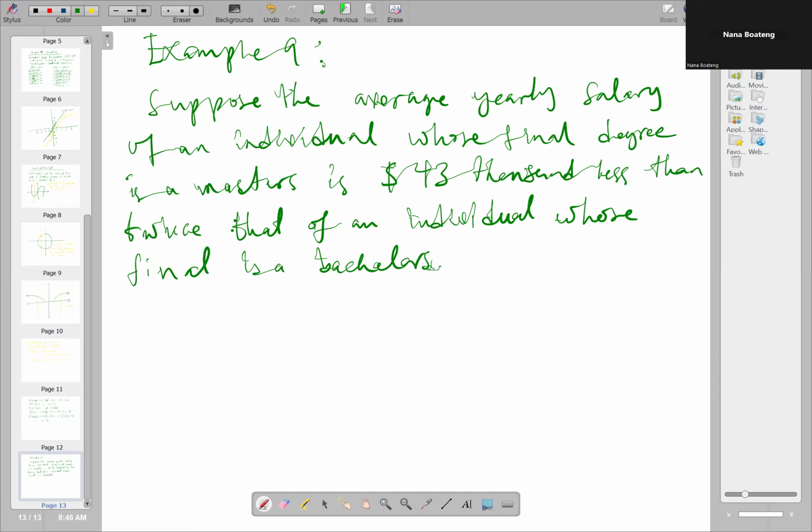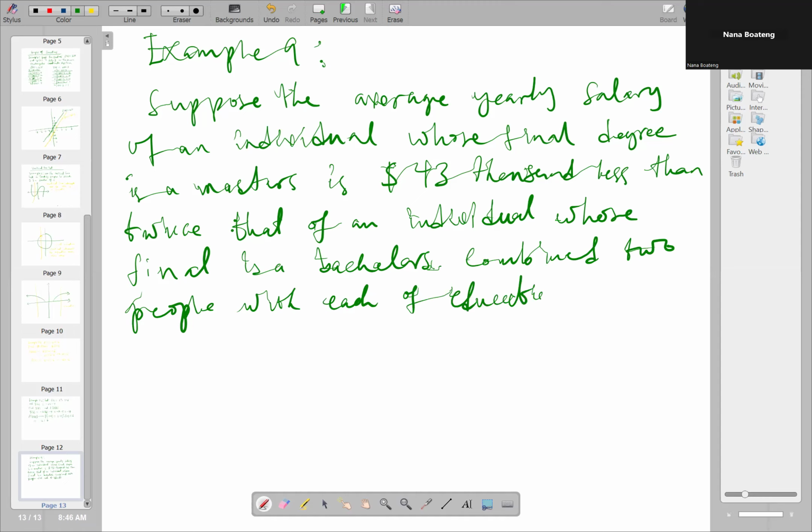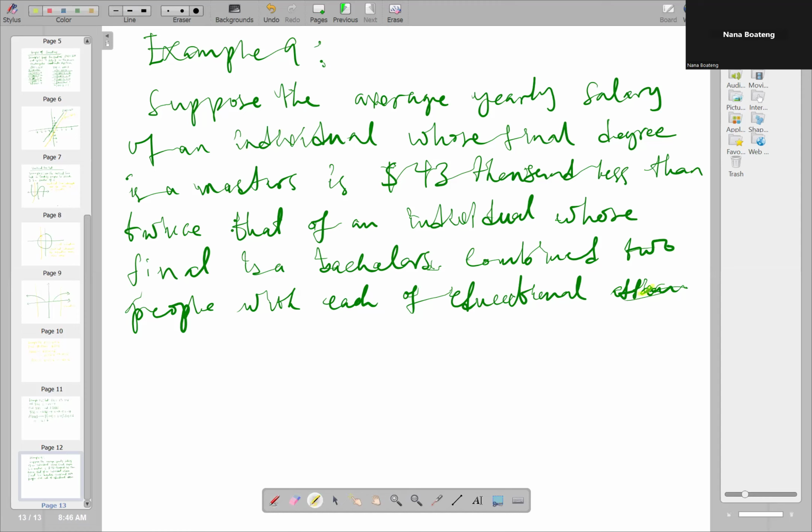Combine two people with each of those educational attainments, and their combined income is 160,000.